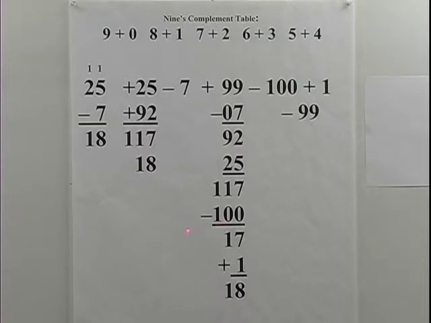So I'm going to skip these 3 steps. When you add the leftmost digit, which will always be a 1, to the rightmost digit, 7 in this case, you will get the correct difference, 18. And it's mathematically correct to do that. All I'm doing when I do that is skip these 3 steps. There's no need to do it.